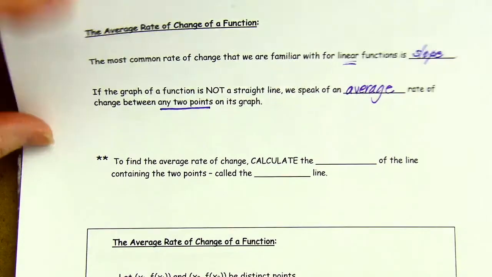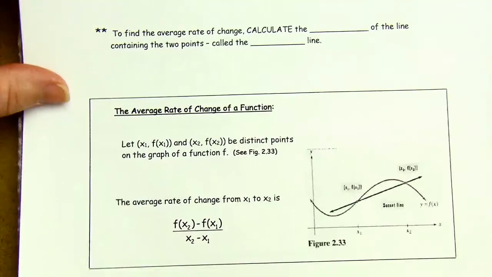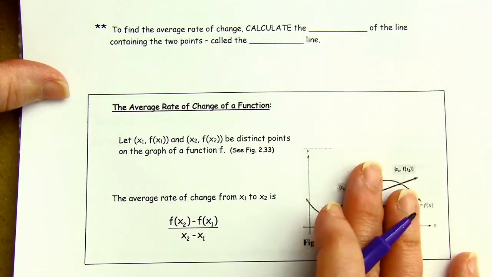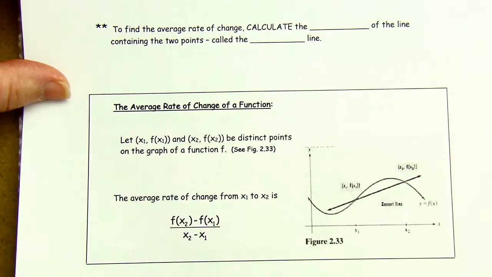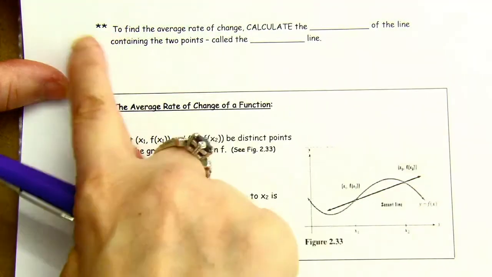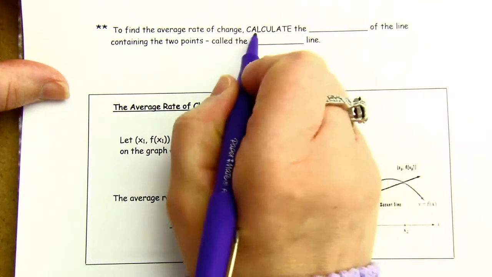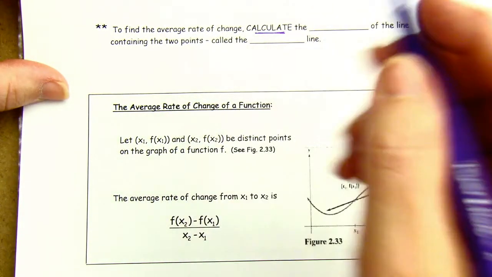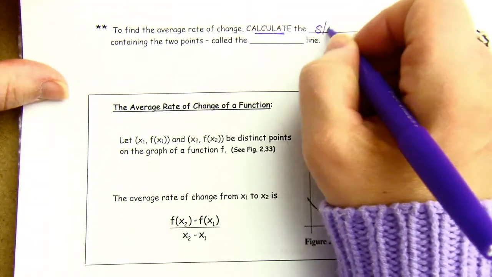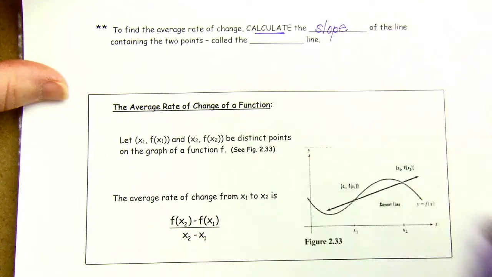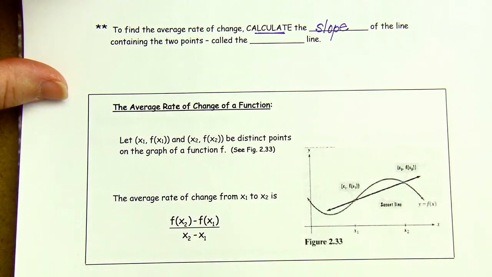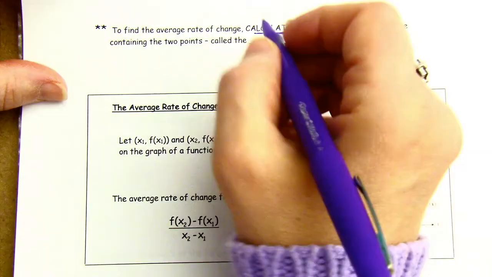All right, so we have a diagram on the note sheet here. I'll talk about that in a moment. To find the average rate of change, we must calculate the slope of the line that contains the 2 points. And that line is called the secant line.